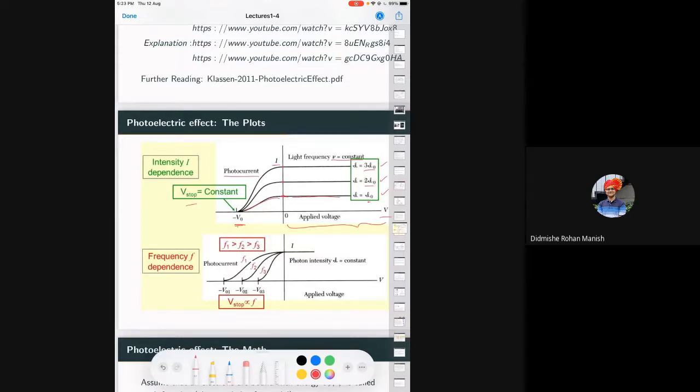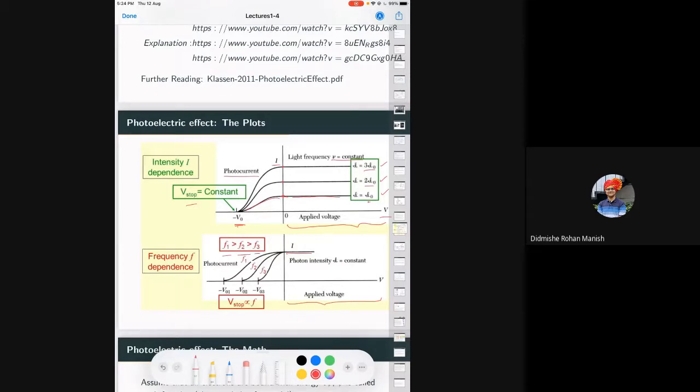The observation is that when the voltage is positive, then you get a certain fixed current, irrespective of what frequency of incident light you have used. So we have used 3 frequencies of light, F1, F2 and F3, where F1 is the highest frequency. So the positive part gives you the same current.